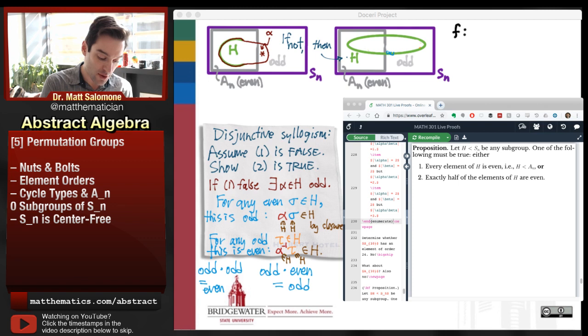This function is going to go from H intersect An to H complement An, H minus An, right? So just so we don't get confused with the notation, this function is going to take an even element of H and produce for me an odd element of H.